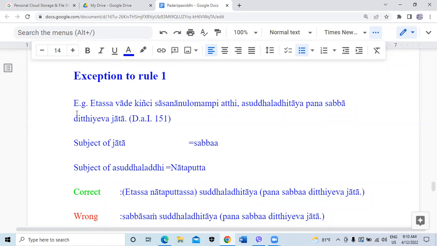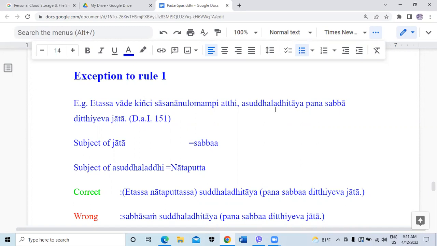Diti here should be not right view. All teachings are around view. Why are all teachings around view? Asuddha Laditaya, all teachings have impure view.